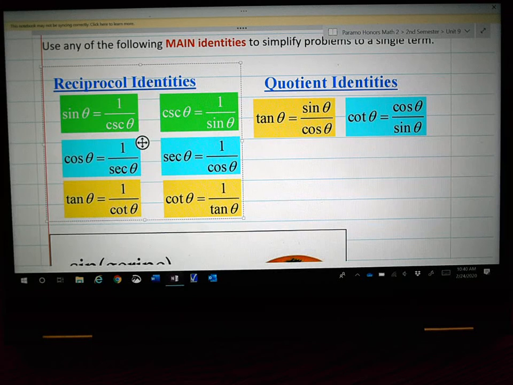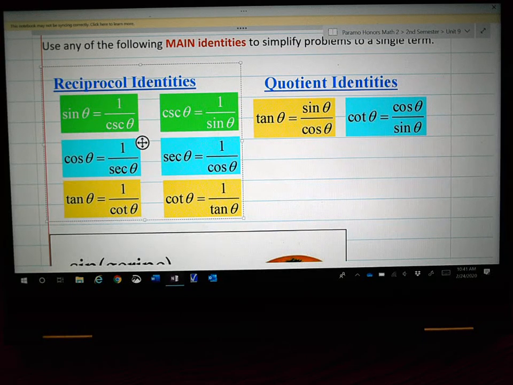Okay, so what is it called? Secant? Secant is equal to the reciprocal of cosine. Sine is equal to the reciprocal of cosecant, and the same thing with cosine and secant.